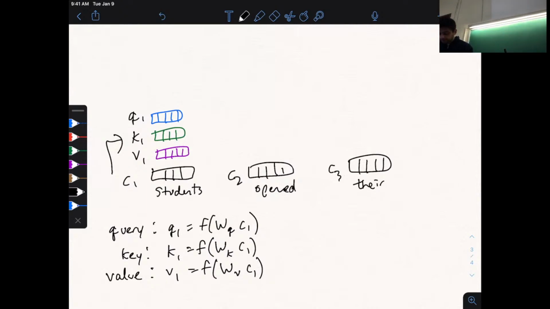And now I'm going to do that for every single position in this sequence. So let me just copy this so I don't have to.